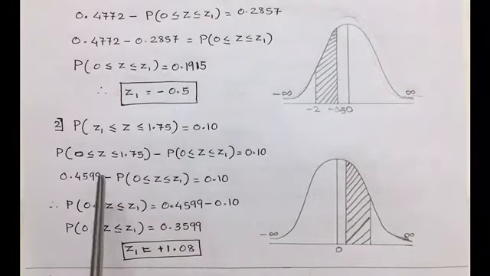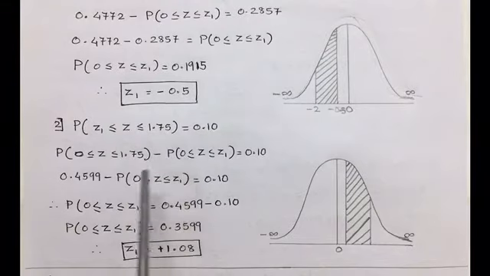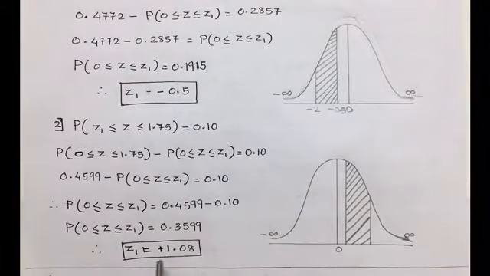Reason? When the same signs are there, we subtract. So as here the probabilities are subtracted, if 1.75 is positive, then the value of Z1 has to be positive. So we get here the Z1 value as 1.08.